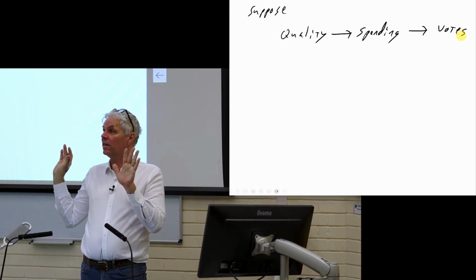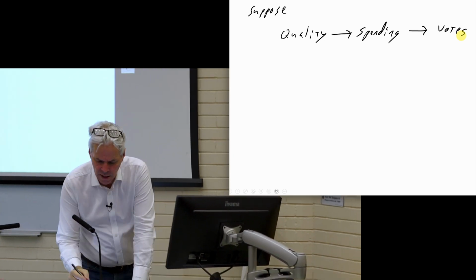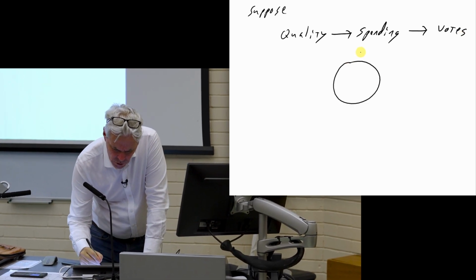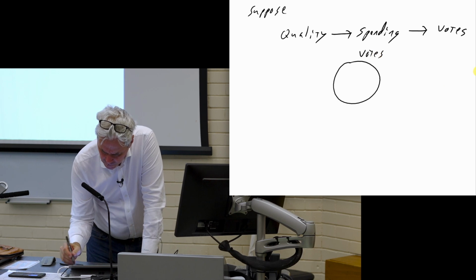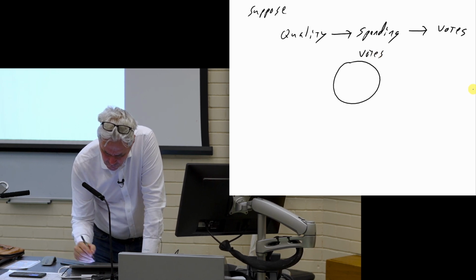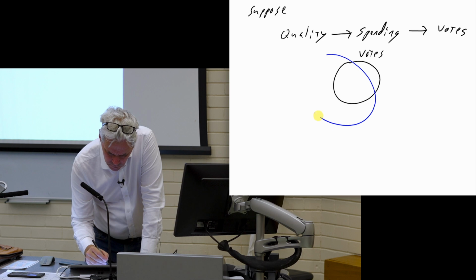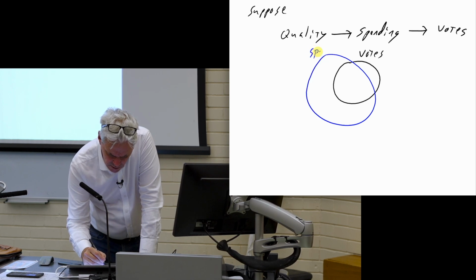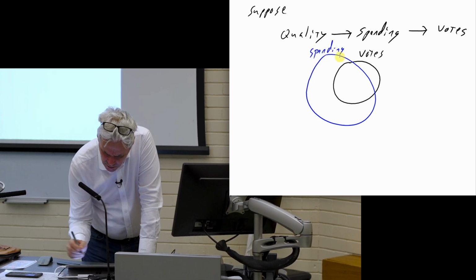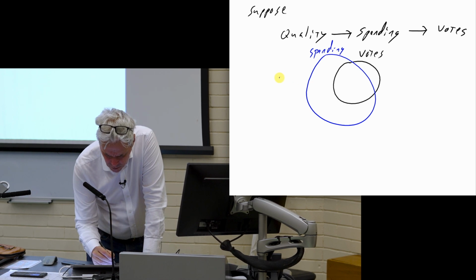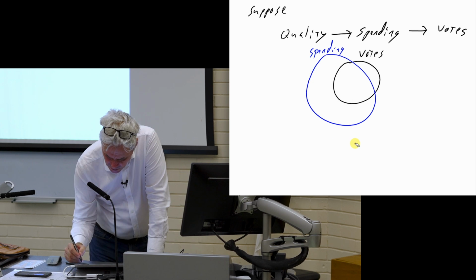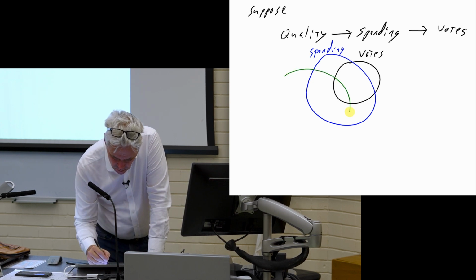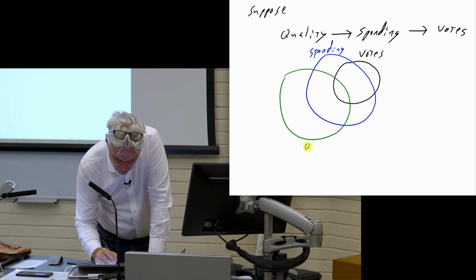Okay? Suppose that's the reality. Then our diagram would look like we've got votes, and we've got spending, and we've got, let me get rid of that, put it in green, quality.